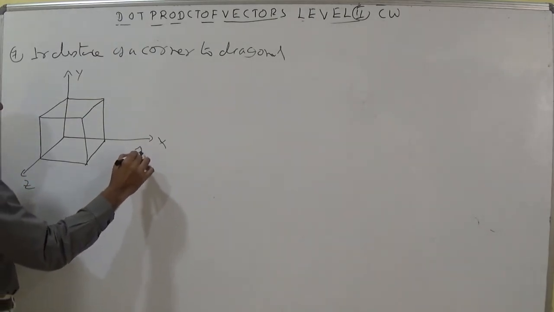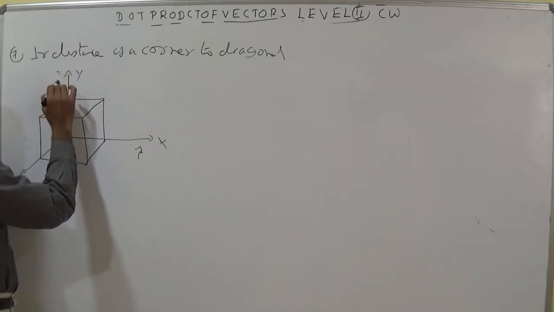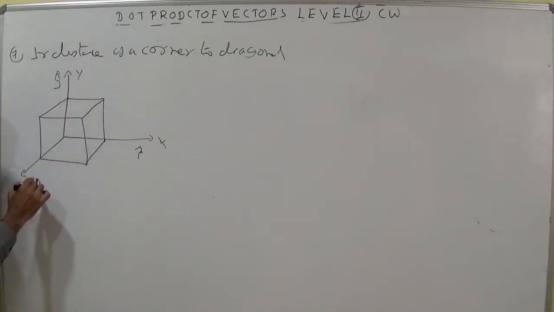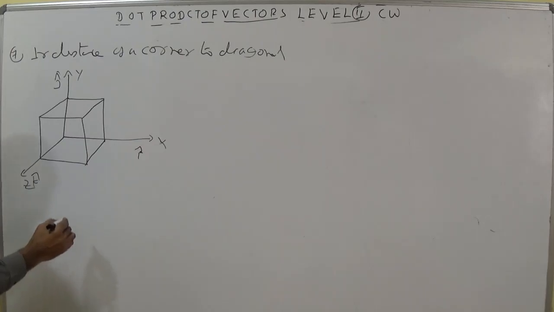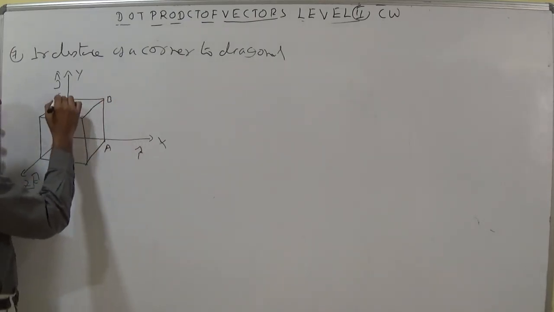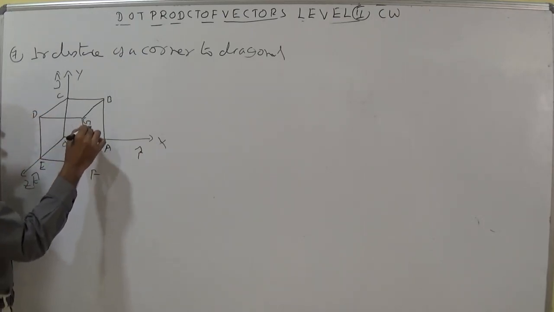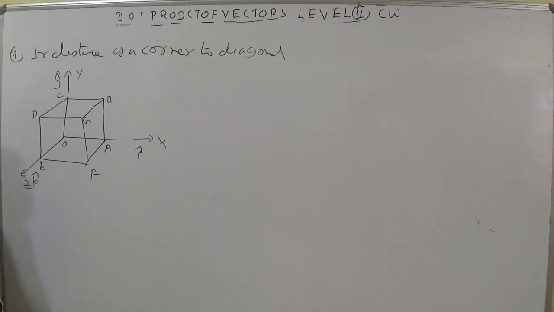Here i cap, here j cap, this is k cap. Put the names here: O, A, B, C, D, E, F, G. He is asking the perpendicular distance of a corner to a diagonal.